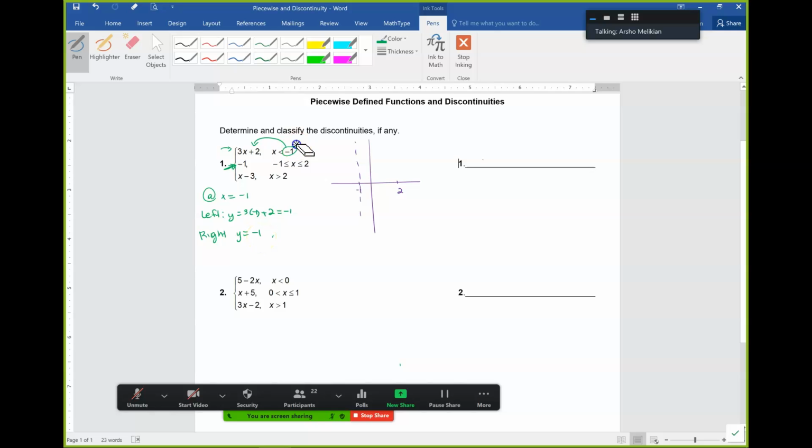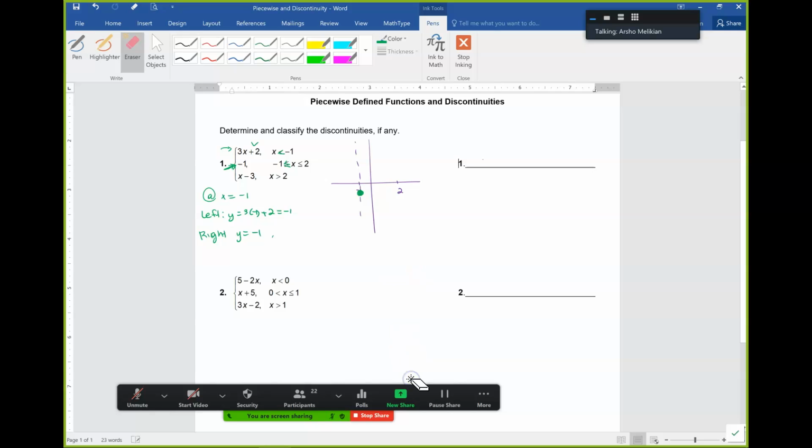And now you look at this and this, the inequalities. One is open, one is closed, right? So at -1, one function has a value of -1 and it's open. The other one has a value of -1 and it's closed. So that means we're going to close it there, right? So what does that look like?